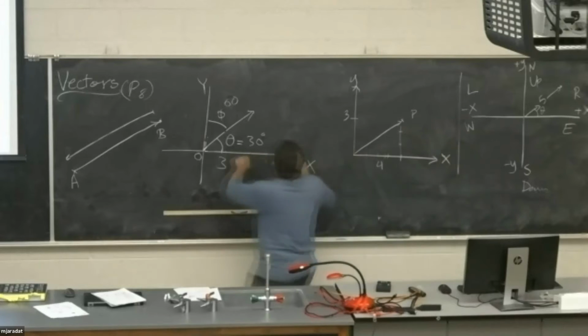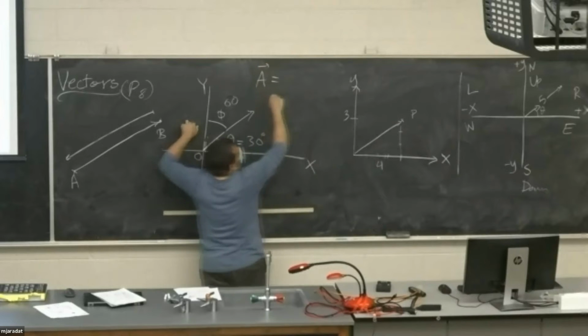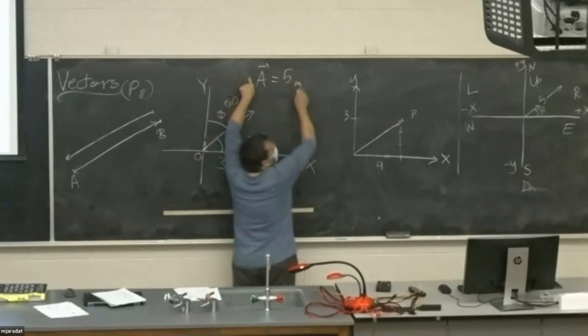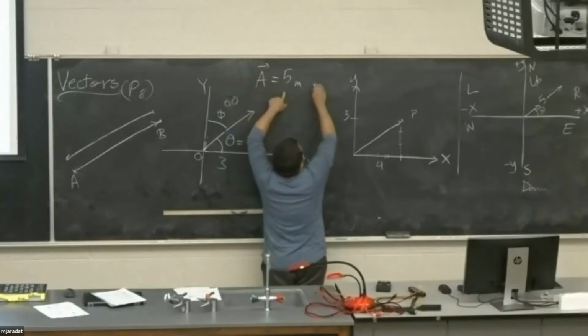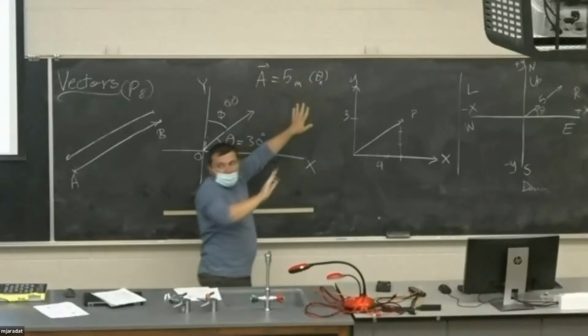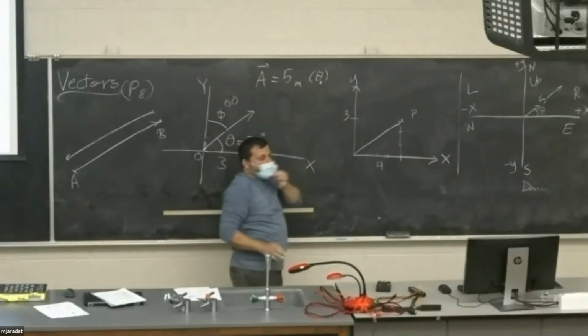So the vector A is equal, as a vector, to 5 steps or 5 meters. It's a line in the theta direction from the x direction. Okay? Can you understand this? It is 5 meters at angle theta.